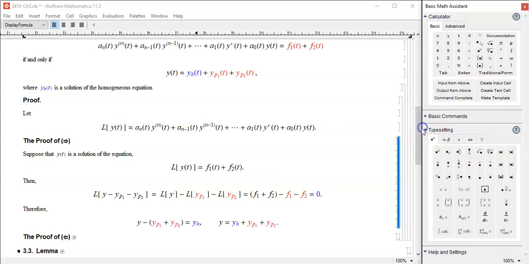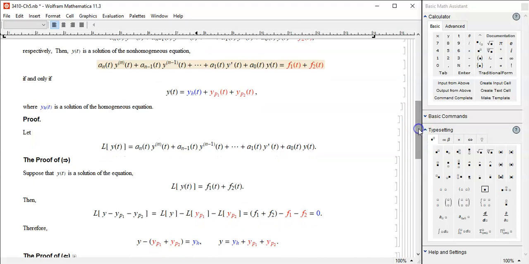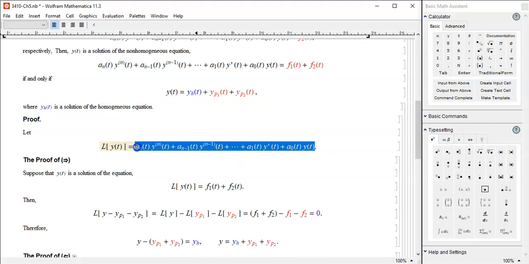Then what? So L of y, the left-hand side, is equal to f1 plus f2. Okay, it's a solution, so it satisfies this one. Then let's put y minus yp1 minus yp2 into the same equation here.